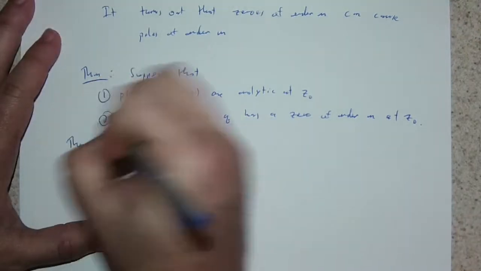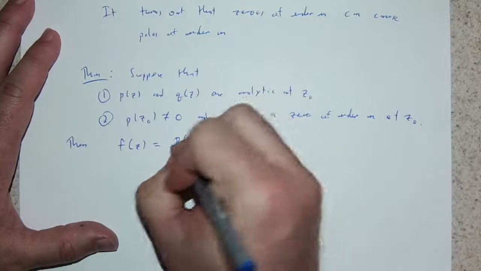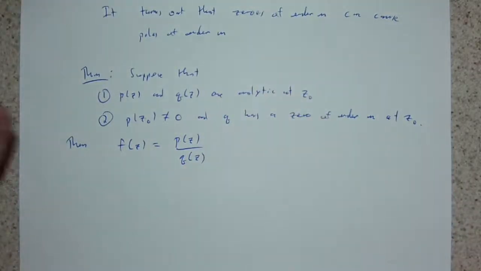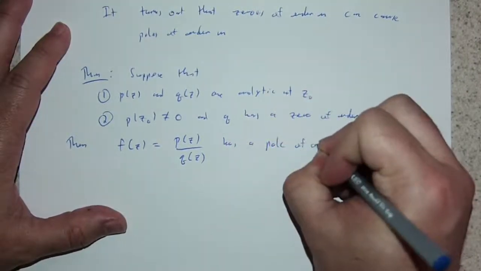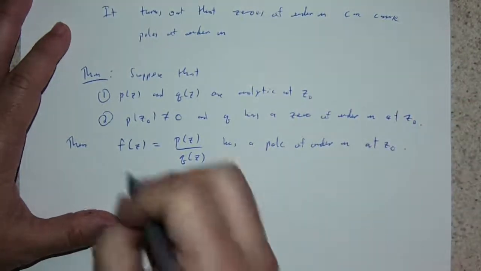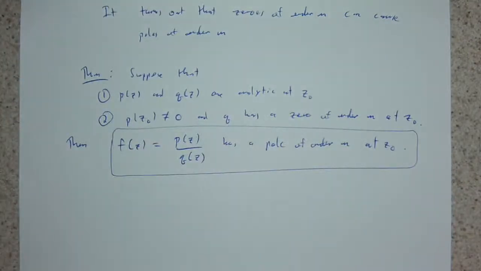Then the quotient f of z, which is p of z over q of z, has a pole of order m at z naught.